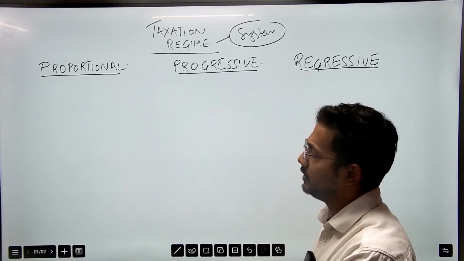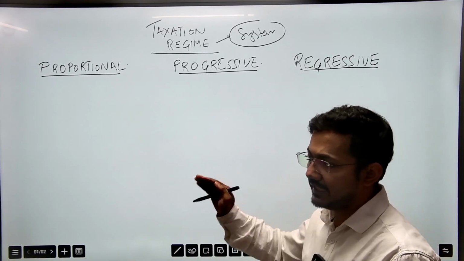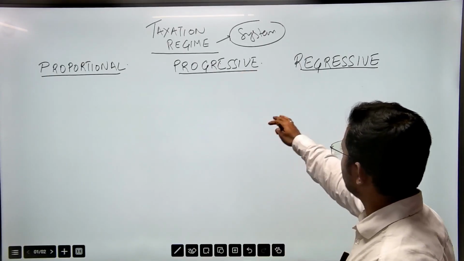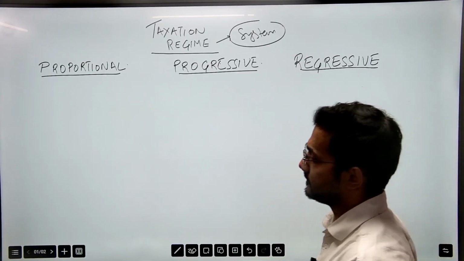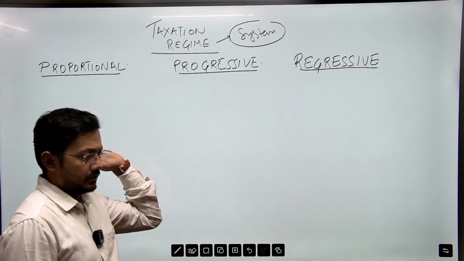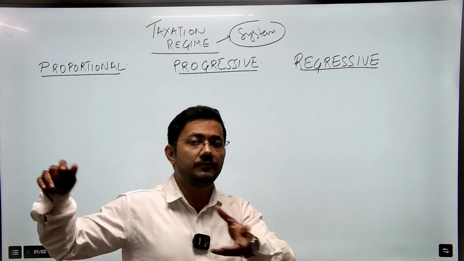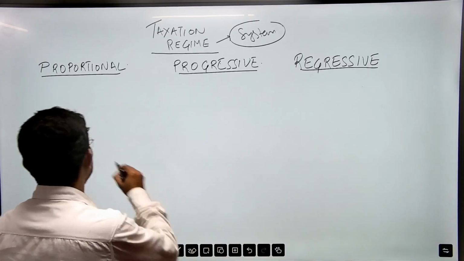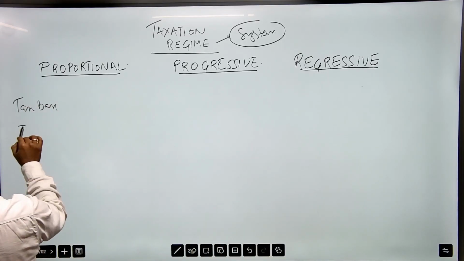Here on the screen you can see I have written three types of taxation regime: proportional, progressive and regressive.